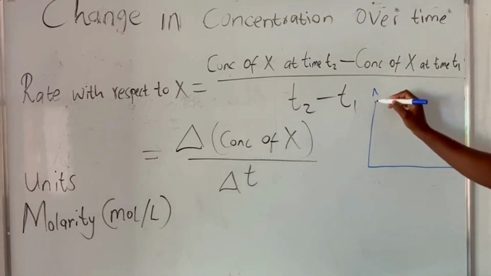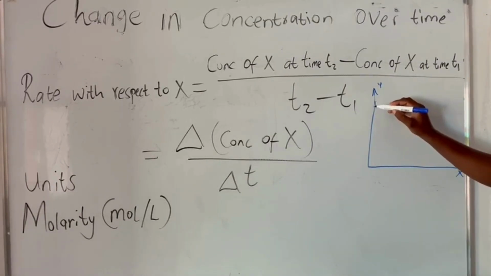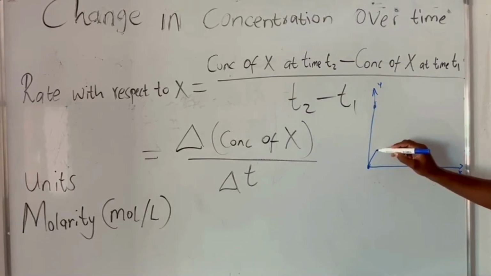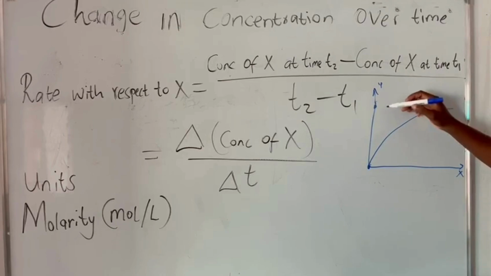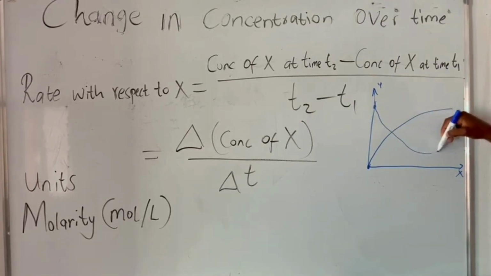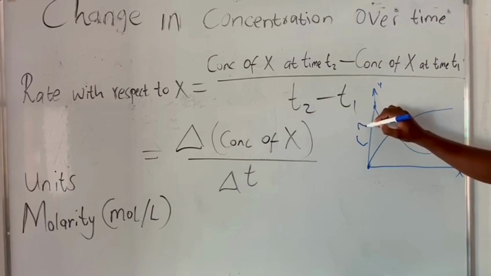So obviously this is the y-axis, this is the x-axis. So now normally if we have a product, it will normally start underneath here and go up like this, and then the reactant is the one that will be curving down and going down like that. So now when the reaction started, let's say for example this is concentration, right?